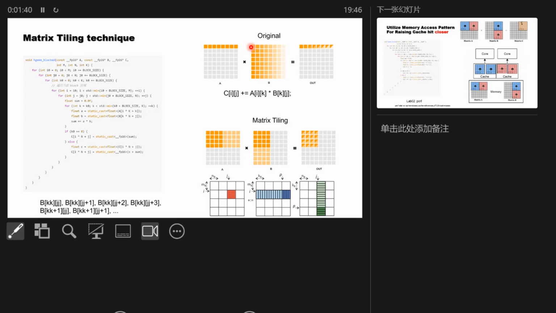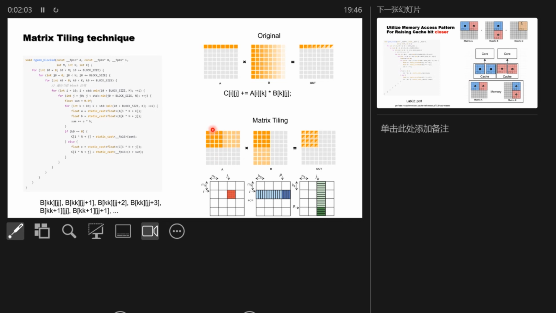We get one line and then access it. However, when we access the next row, since we haven't fetched this row before, we get a cache miss.